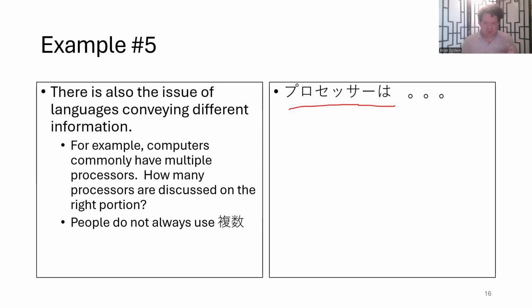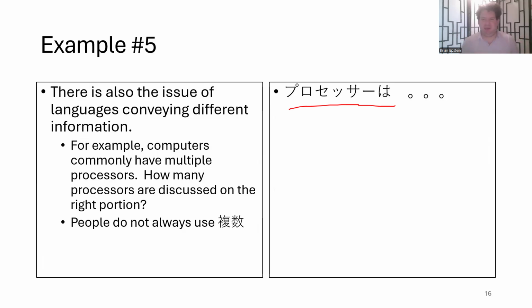So it's closer information, and it's less of a translation task to change languages. But Japanese and English sentences just have different information. You have to actually change the sentence to convey the same information.